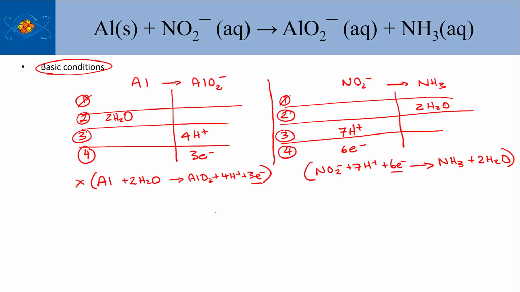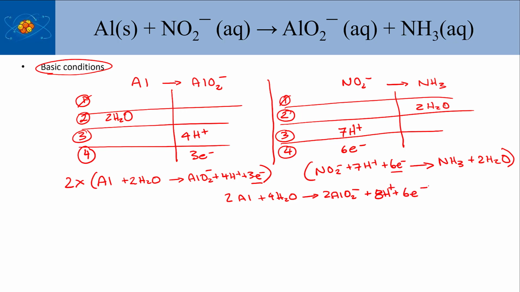So I'm going to multiply this one by 2, and I get 2 aluminums plus 4 H2O makes 2 AlO2 minuses, plus 8 H pluses plus 6 electrons.